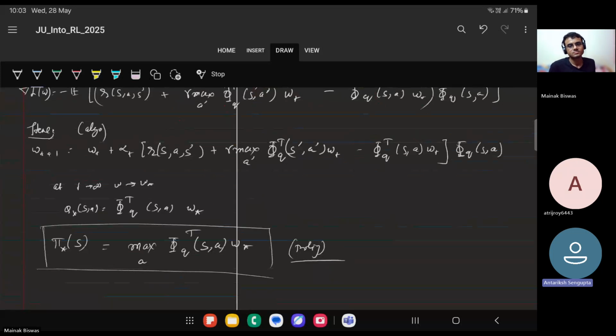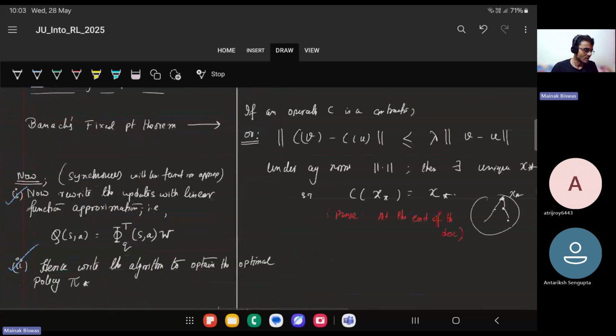Here we first proved the convergence and then we used that convergence result here. This operation also has to be proved, but I'm not doing it. It's again a long proof if you have to prove linear function approximation as well.